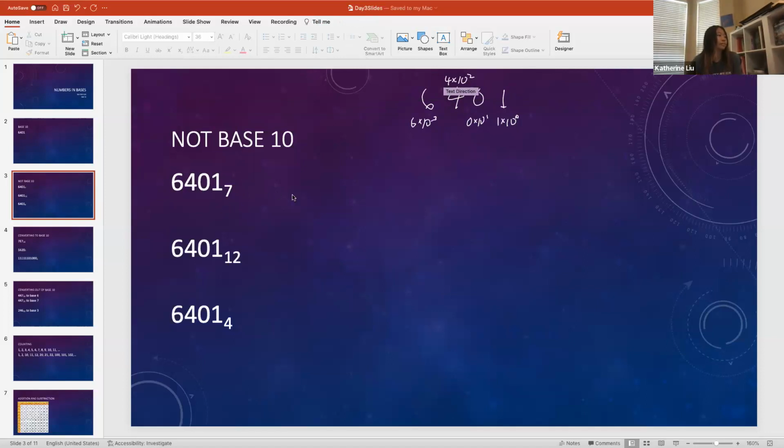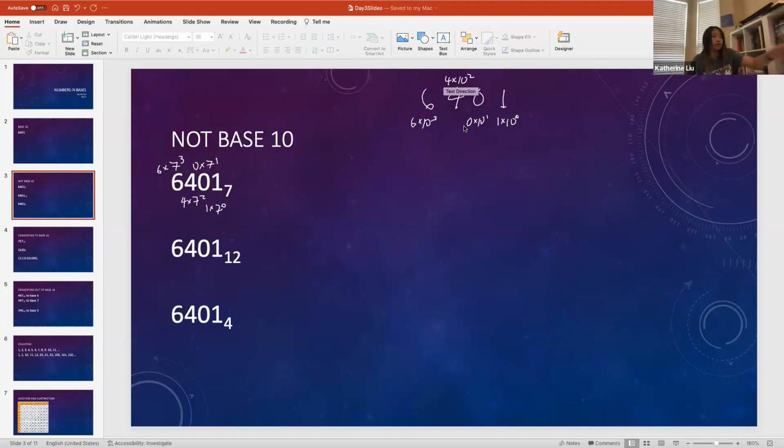So we're going to take this example up here and just transfer it, right? So what this number means is 1 times 7 to the 0, and then 0 times 7 to the first, and then 4 times 7 squared, and then 6 times 7 cubed.